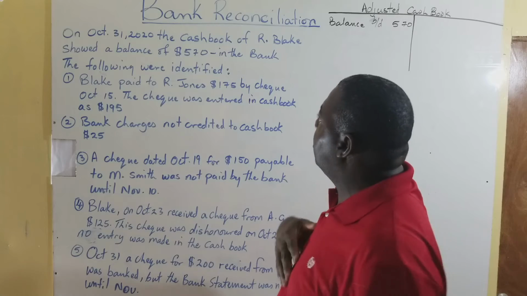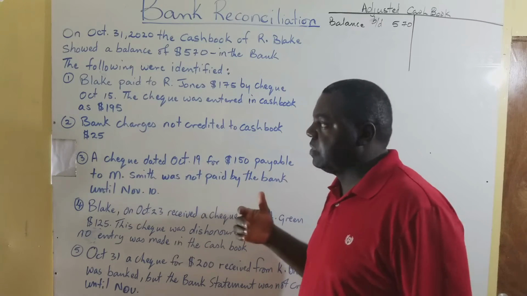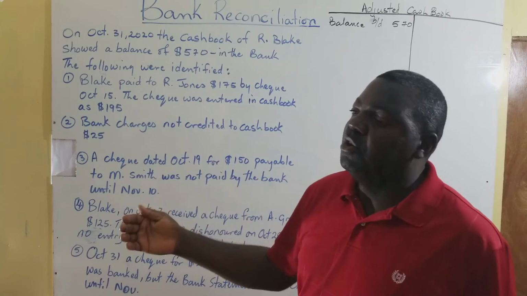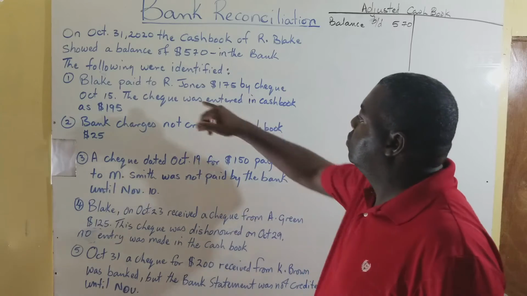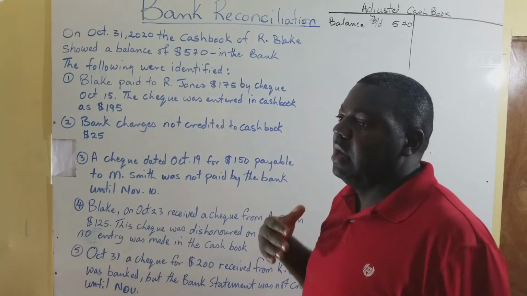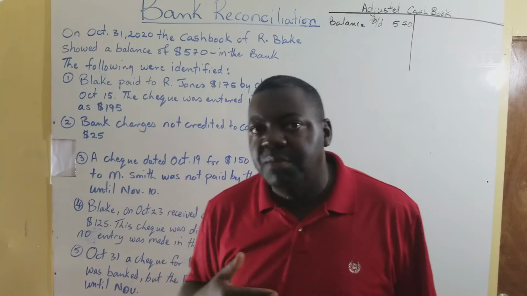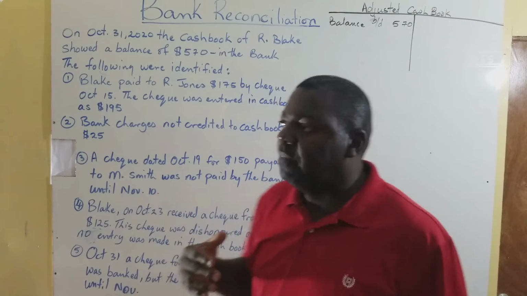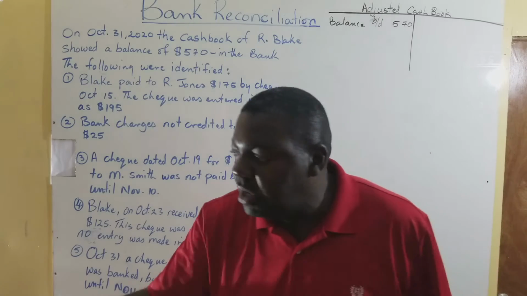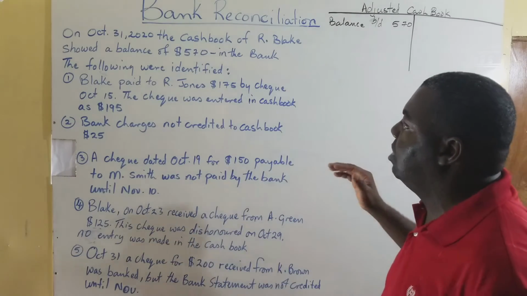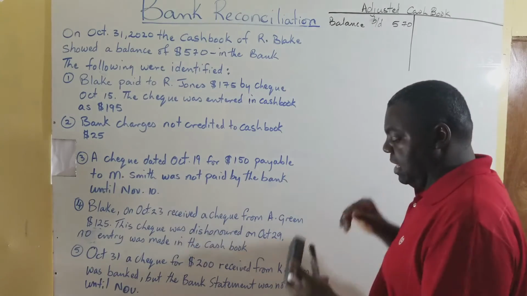If Blake, who is the owner of the business, would have paid some money to R. Jones, then in Blake's cash book, Blake would be paying out the money. So if Blake is paying out the money, then the information would have been on the credit side.